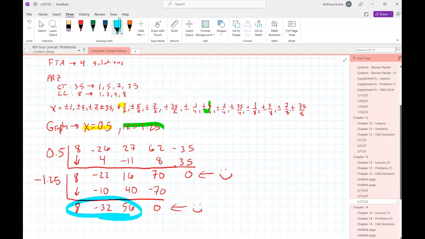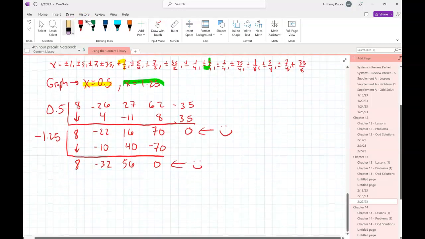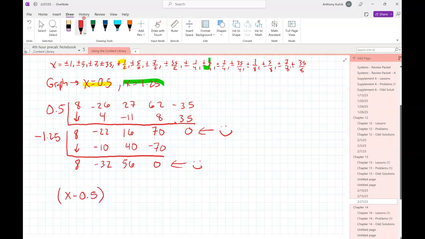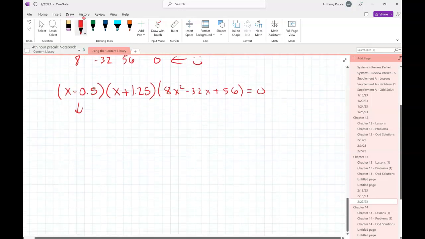And then what kind of polynomial is this? Quadratic. Can we solve a quadratic? You betcha! All right. So what are the factors that we have? We have x minus a half. We have x plus 5/4. And then we have 8x squared minus 32x plus 56. If I set this one to 0, what's my solution?